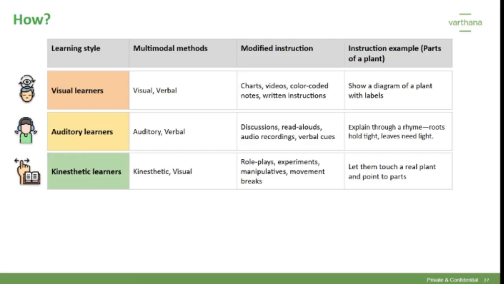Next is kinesthetic learners. Again, we know the multimodal method that we regularly use for such learners is kinesthetic. So how we can do it differently is through role plays, experiments, using some manipulatives, like giving them some things wherein they can manipulate it, or giving an activity where they can manipulate things and then come to a conclusion, and movement breaks.